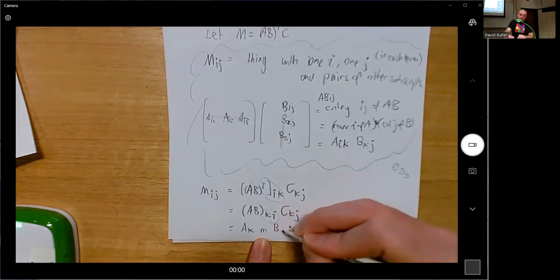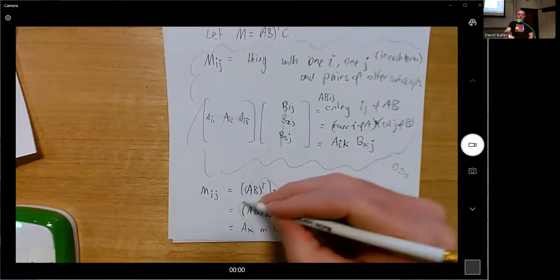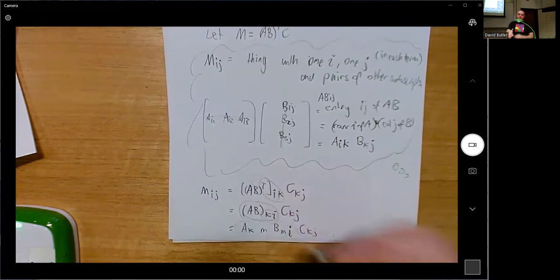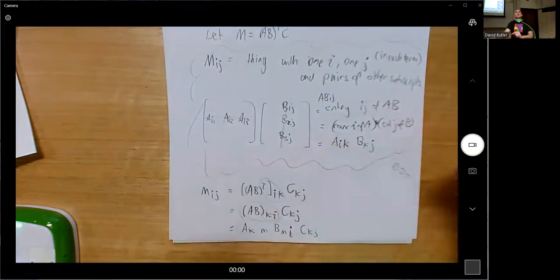So M, say. So this thing became this. The K and the I separated, and I put a new suffix in between them because that's how matrix multiplication works. This I and J separated, and I put a new suffix in between them. And I trust that that works no matter what the letters are called because they're eventually going to be replaced with the numbers 1, 2, and 3.